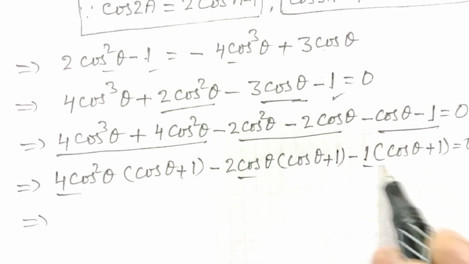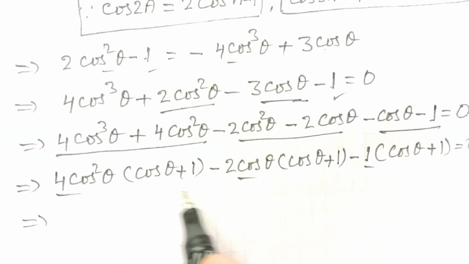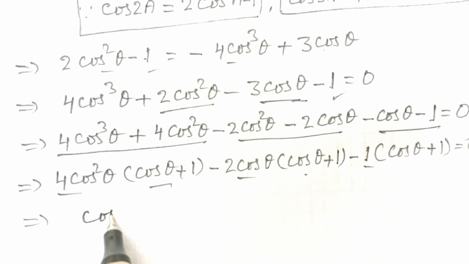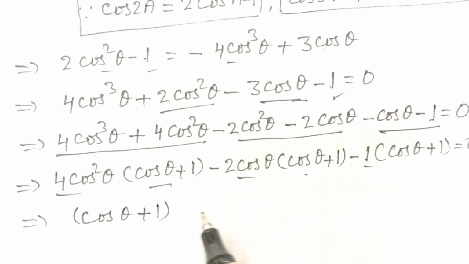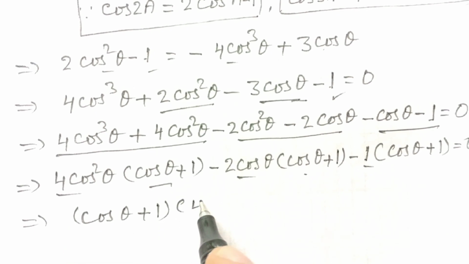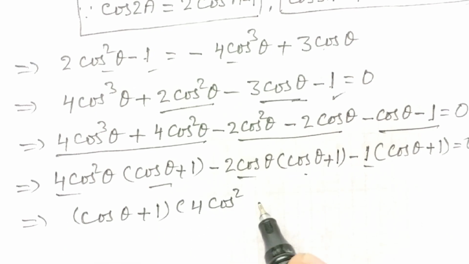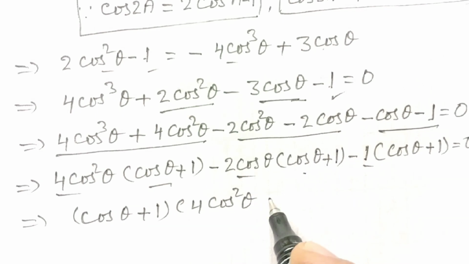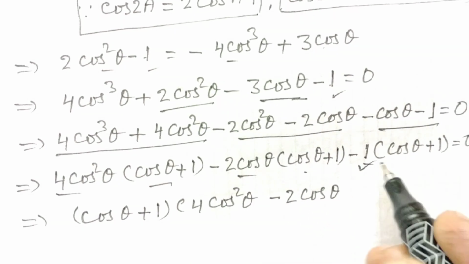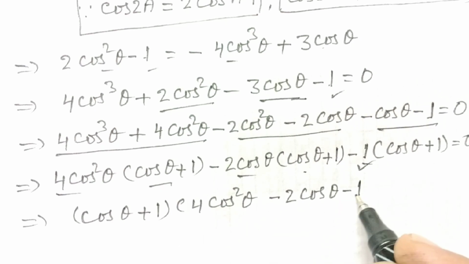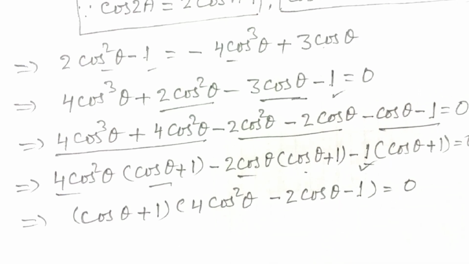So cos theta plus 1 and 4 cos square theta minus 2 cos theta minus 1 is equal to 0.